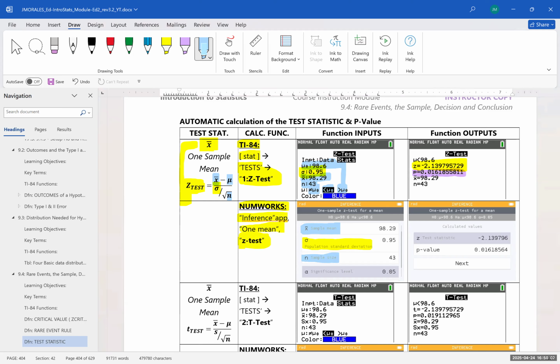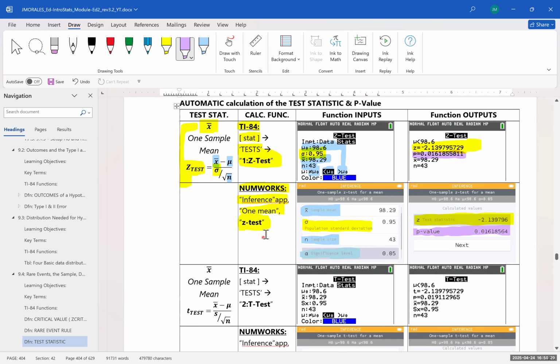This one's asking for significance level, and it too will output the z-test statistic, which is the same number that we got up here with the Texas Instruments, and it also gives the p-value. So we'll be using this z-test function on both calculators.